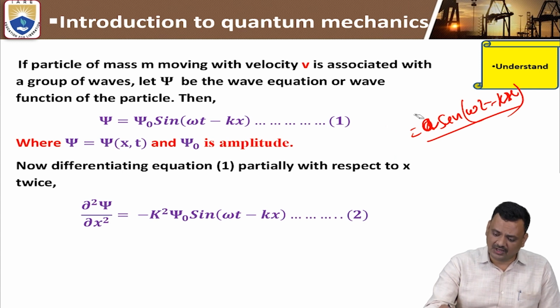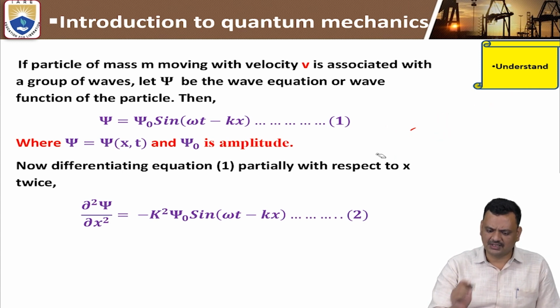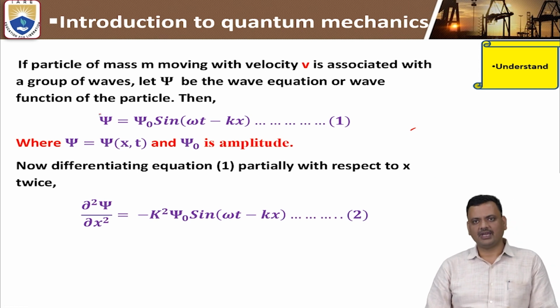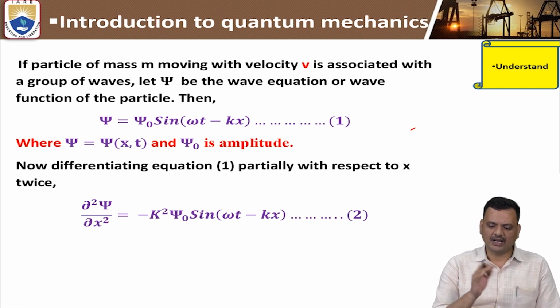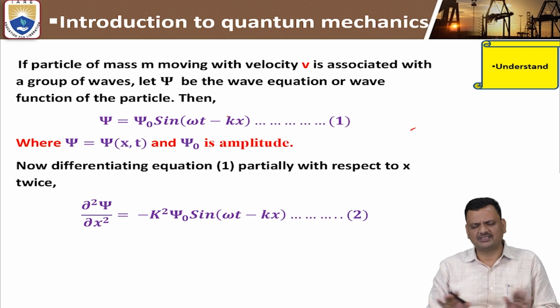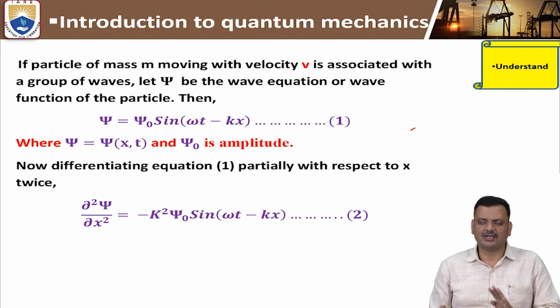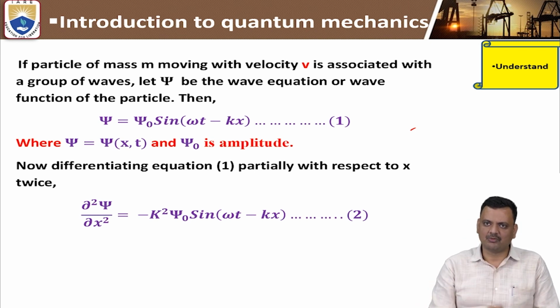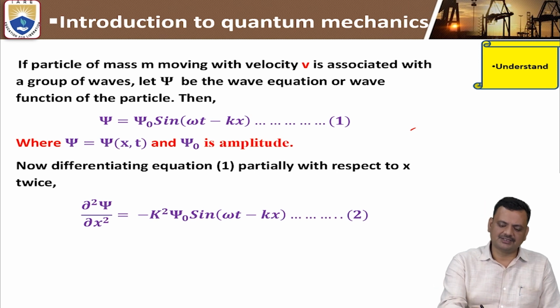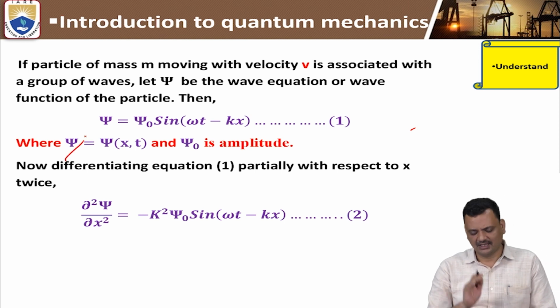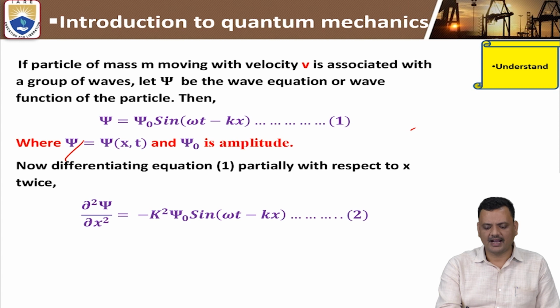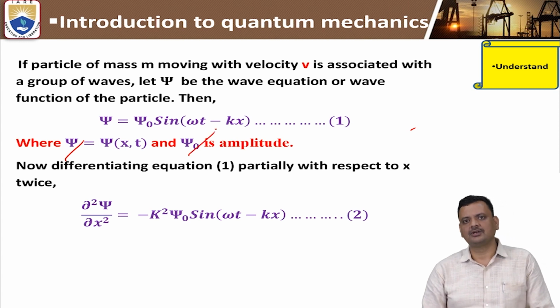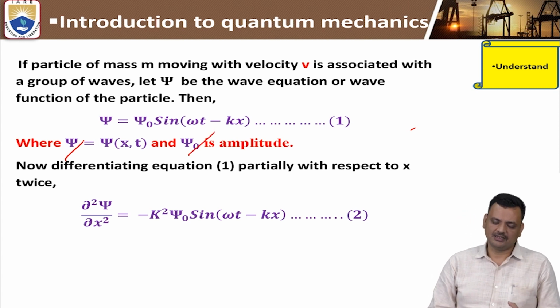The same concept with only a different notation, psi. And what he suggested: psi is equal to psi naught sine (omega t minus kx), a very simple form of wave associated with that moving particle, where psi is the displacement in the x direction at time t, and psi naught is the amplitude.